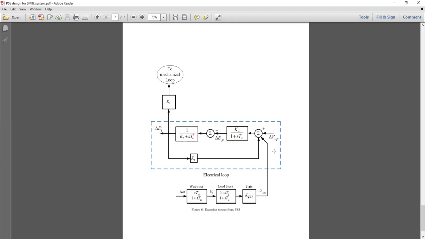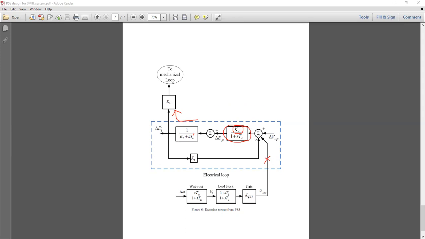Before this design of PSS, this signal was not available. So there was some negative damping torque being introduced to the mechanical loop. That was the problem, and it was created by this high Ka gain here.